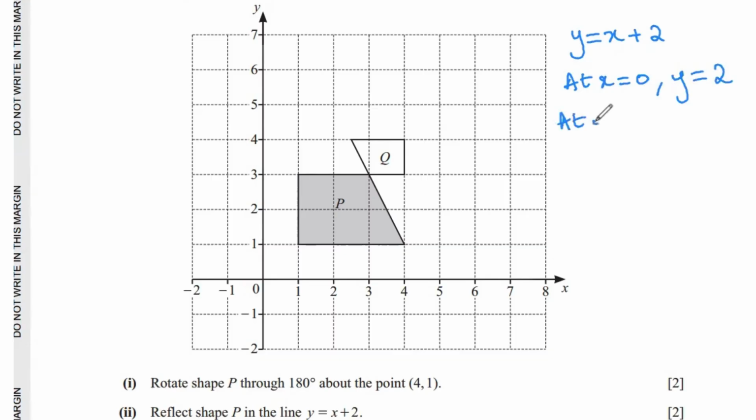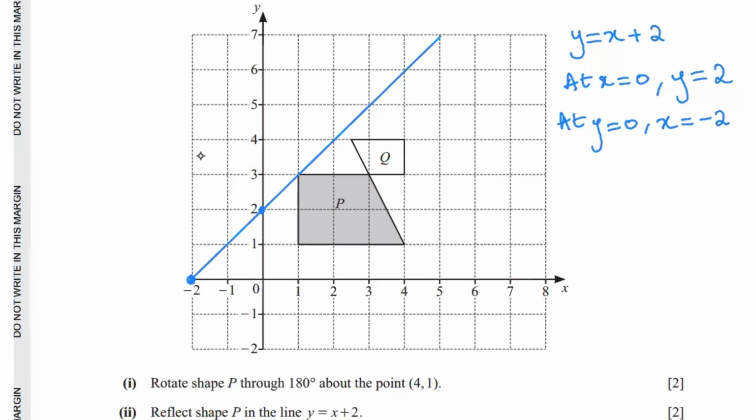And at y equals 0, x would be negative 2. So now if we plot this, (-2, 0) and (0, 2), this is our line. And we have to reflect shape P in this line.